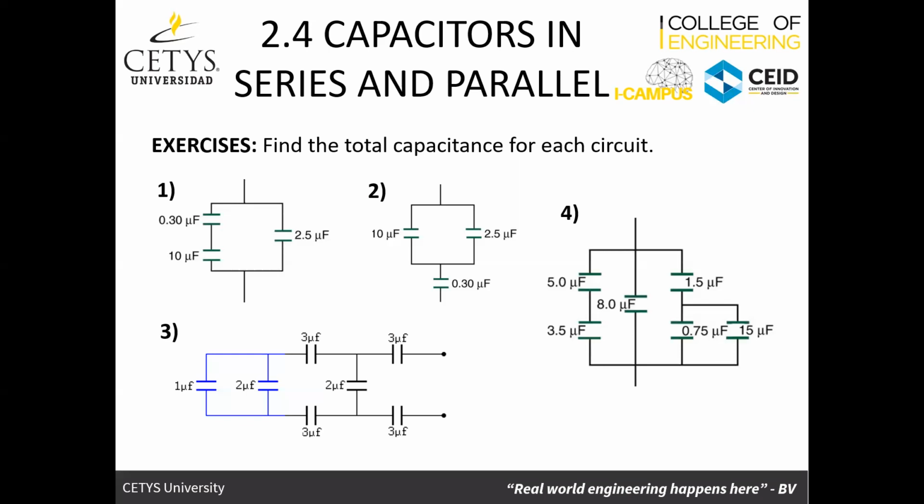Try to look at pairs. These 2 capacitors are in series, so I can reduce them. These 2 capacitors are in parallel. And we're going to do the reduction of the circuit to get the total capacitance step by step. And we're usually going to be working or doing things in pairs. Okay, so let's start with the first one.